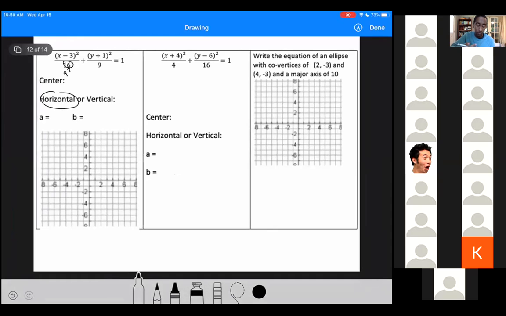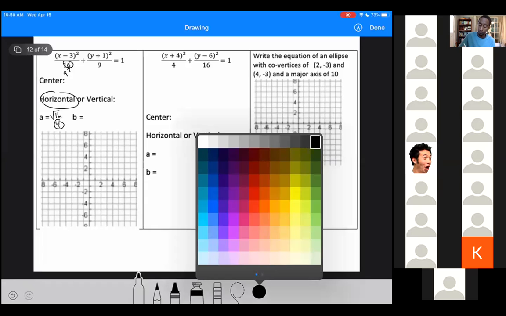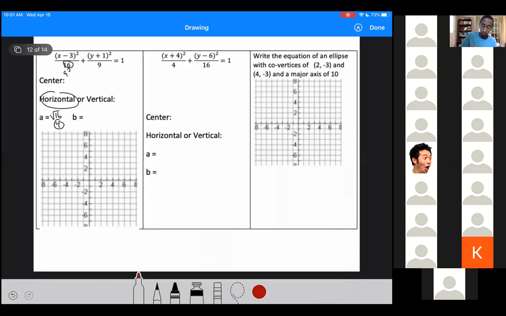You can do the square root of 16 if you want, and that will give you 4, or you could just think what squared is 16. Okay, very good. So then what would the B be, Natalia? 3. Yeah, 3, because 3 squared gives you 9. So the B is 3.